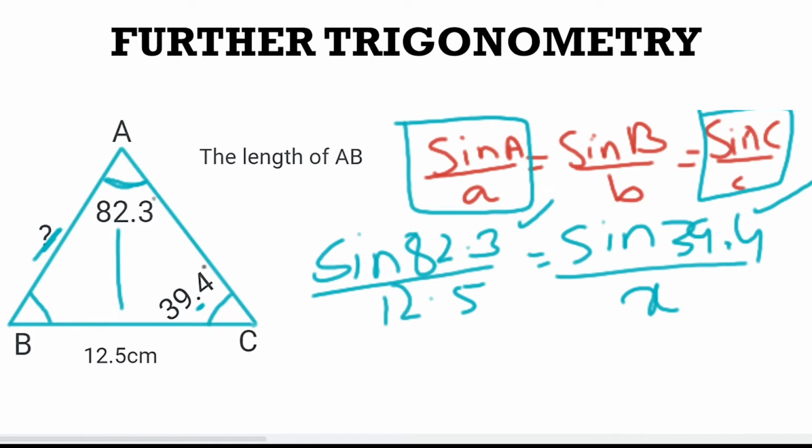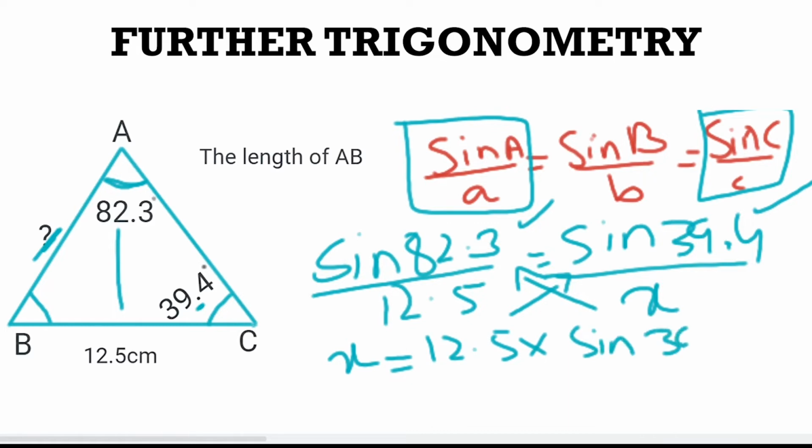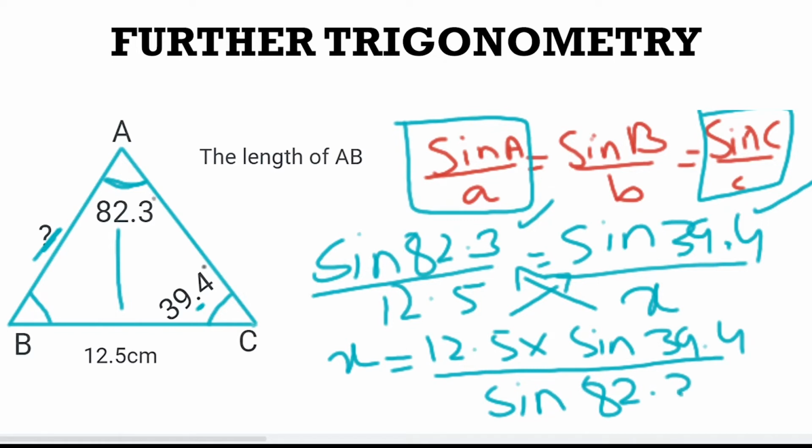Now we will simply cross multiply these. We could write this as x is equal to 12.5 multiplied by sine 39.4 divided by sine 82.3.